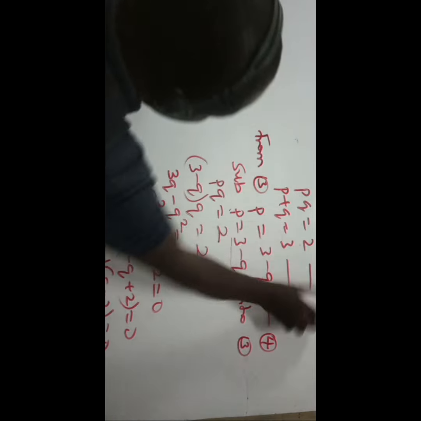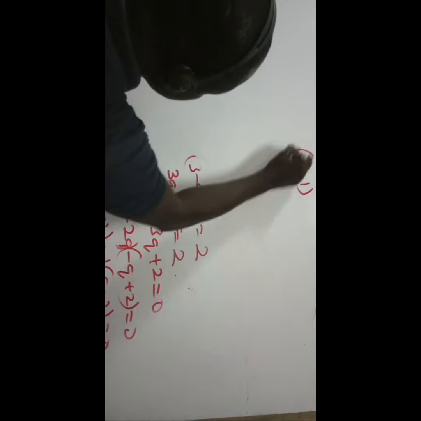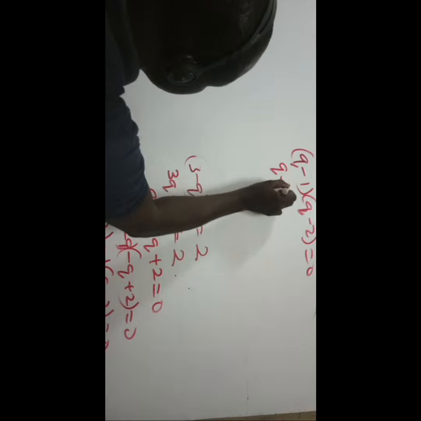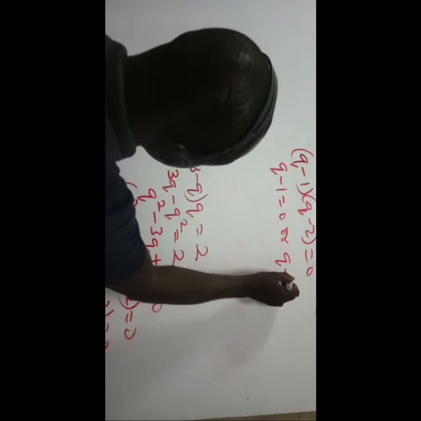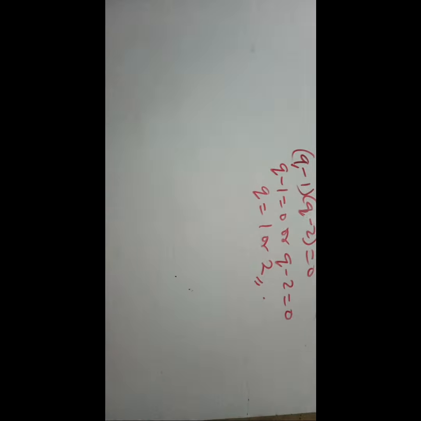So what you have here is what I have here in the same bracket. So I'll combine these two to have q minus 1 into bracket q minus 2 equal to 0. And this simply means that q minus 1 equals 0 or q minus 2 equals 0. So q is equal to 1 or 2. So since we have gotten the value of q, then we can recall.